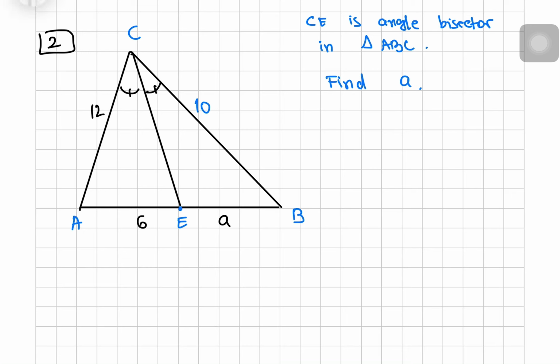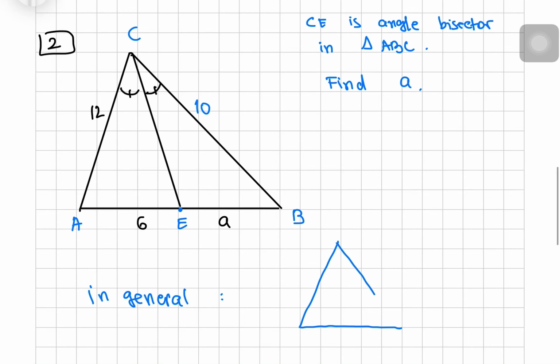There is a formula in general. So in general, that means for all triangles, if we have a situation like this, so let's say here is AB, and there is a bisector of the inner triangle.